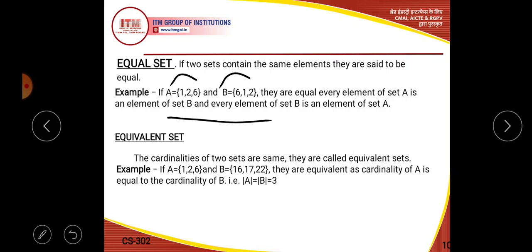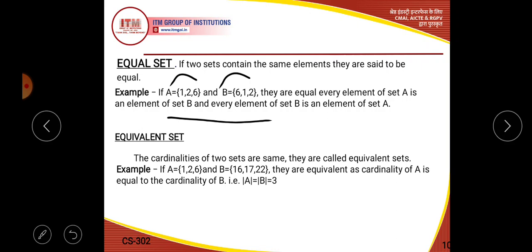All the elements belong to capital B. So every element of set A is equal to every element of set B. Then we can say in this condition it's an equal set.